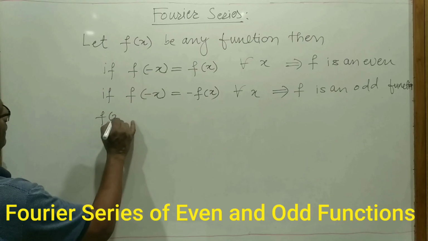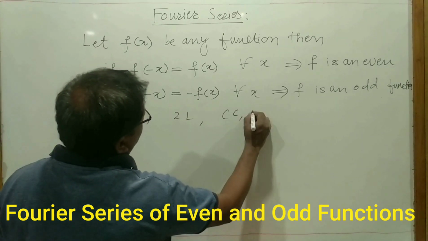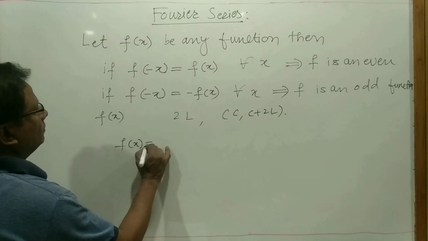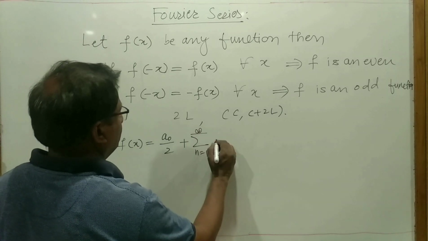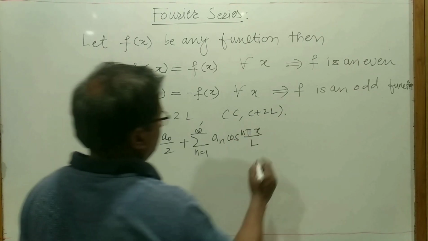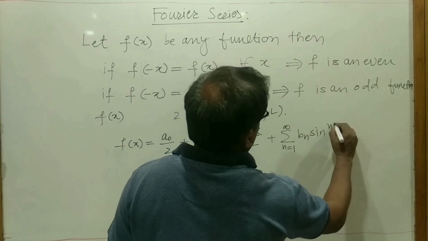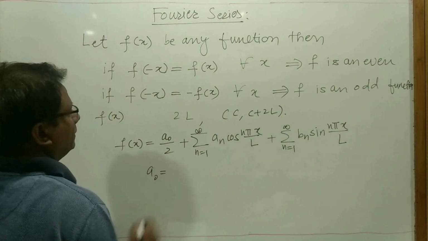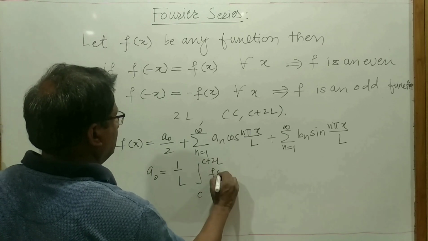We know that if f of x is a periodic function of period 2L defined in some interval c to c plus 2L, then the Fourier series of f of x is given by f of x equals a0 by 2 plus summation n varies from 1 to infinity an cos n pi x upon L plus summation n varies from 1 to infinity bn sin n pi x upon L, where this a0 is obtained as 1 upon L integral c to c plus 2L f of x dx.